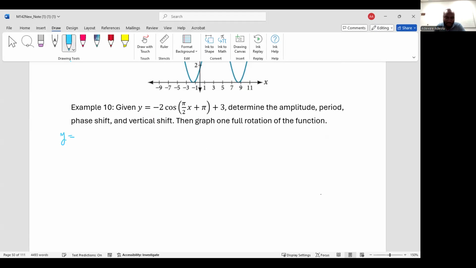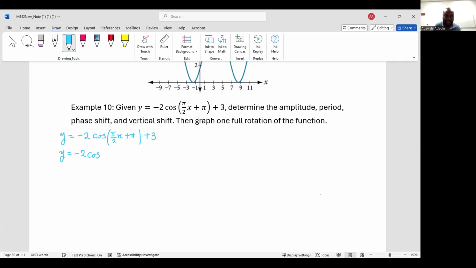Y equals -2 cosine of pi over 2 times x plus pi, plus 3. Let us identify the various parts we have. This is A. This is not well written, so before I identify it, I will write it in the proper general form.